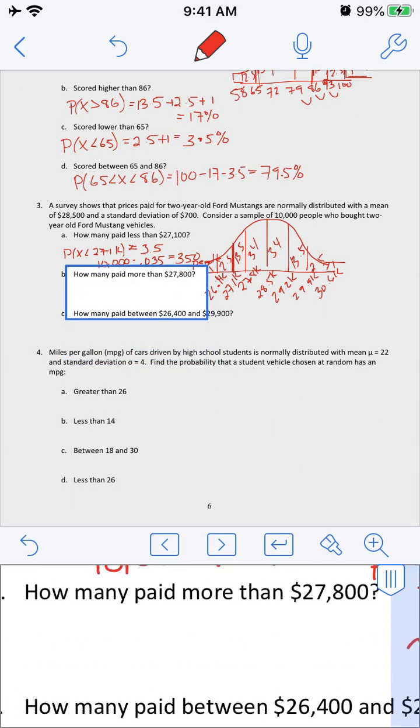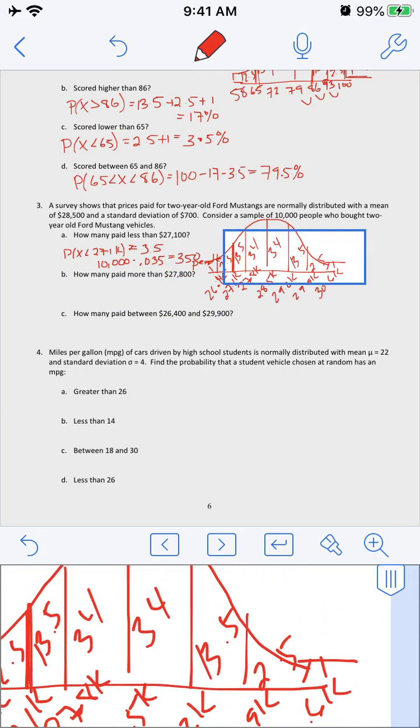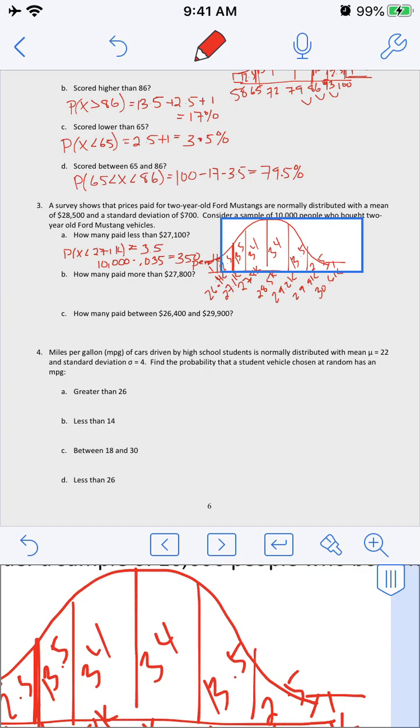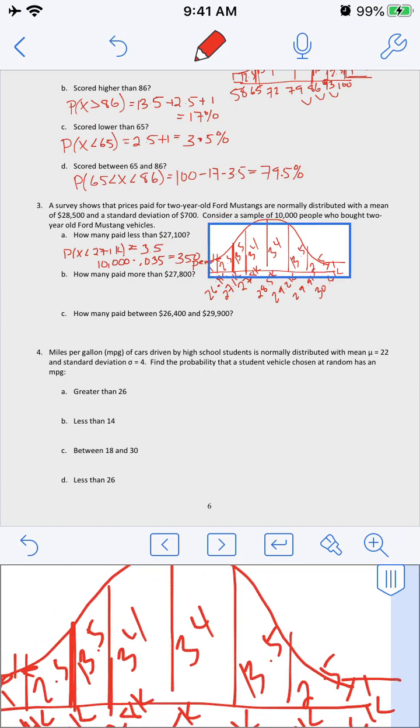All right, how many paid more than 27,800? Well, I can use that same chart, luckily, because it took a long time to make. 27,800 is right here.